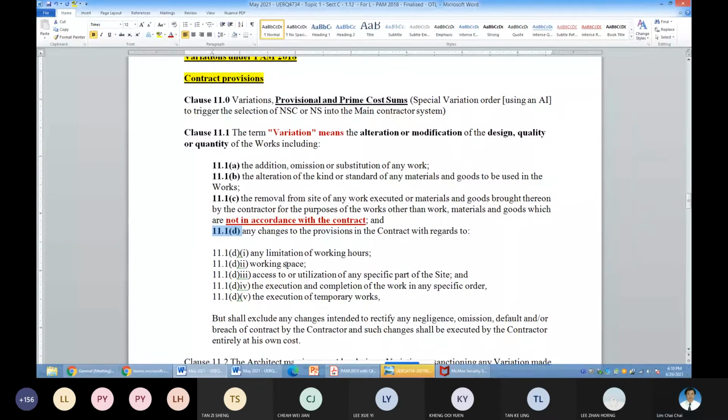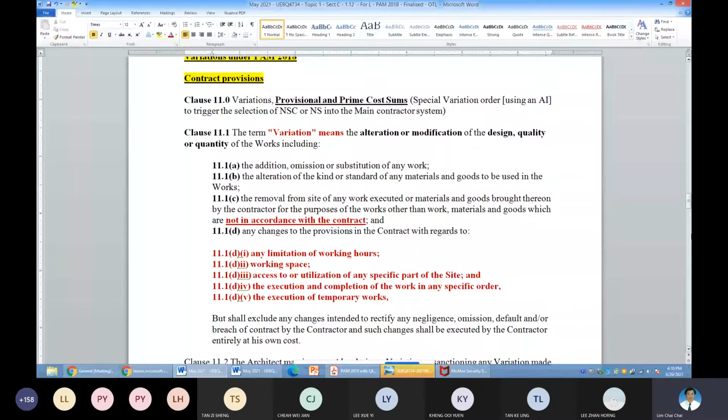So be careful, this 11.1c is an instruction where the contractor will not get any additional money because it is works that are not in accordance with the contract. It's the contractor's fault. And then 11.1d can be a positive or a negative change. A and B can be positive and negative. But D1 to D5 will trigger positives. 11.1c is just an instruction for the contractor to comply. 11.1d, based on D1 to D5, more often than not will trigger additional payment and time even to the contractor.